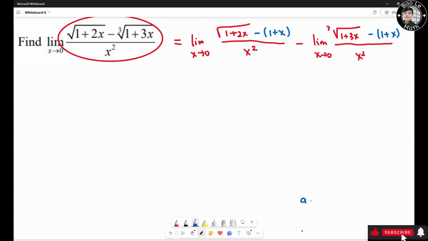If I have a minus b, I need to multiply by a plus b to get a squared minus b squared.